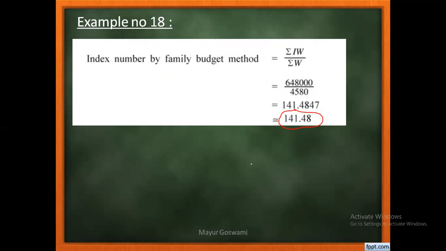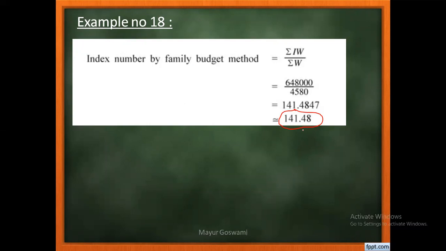Now try to understand. If we take the previous example and its answer and try to interpret it, this answer is 141.48. This means, as compared to its base year, 2014 being the base year, presently altogether how much increase in the price?